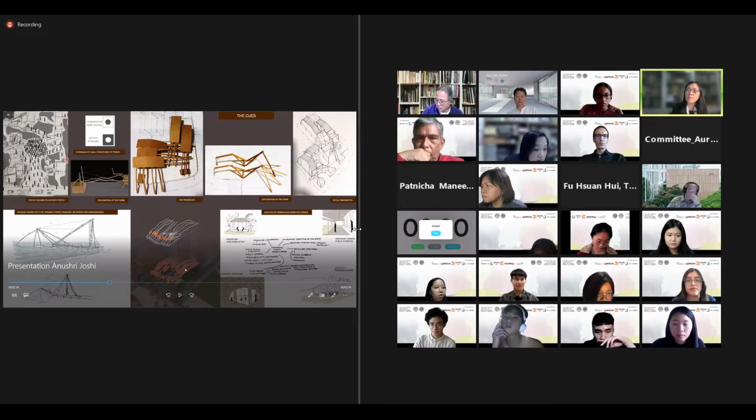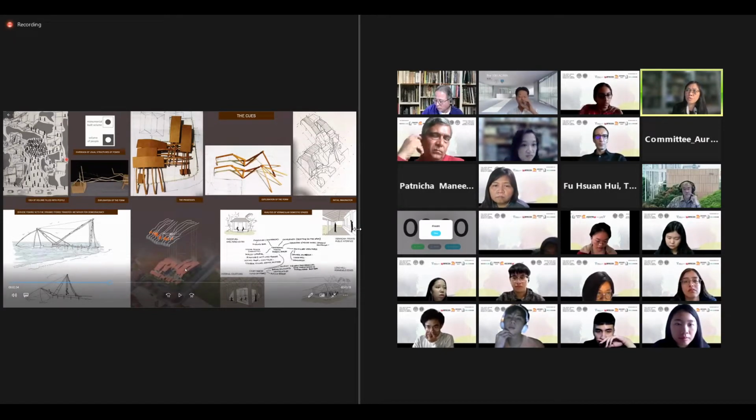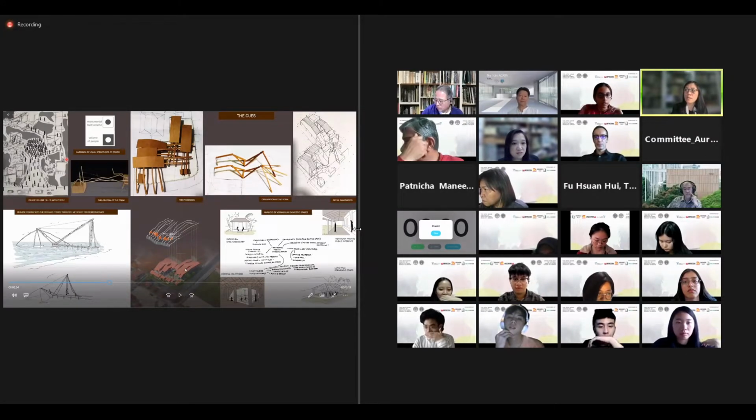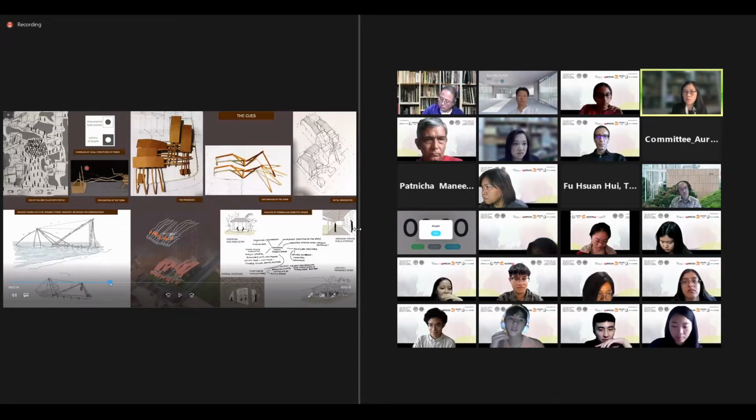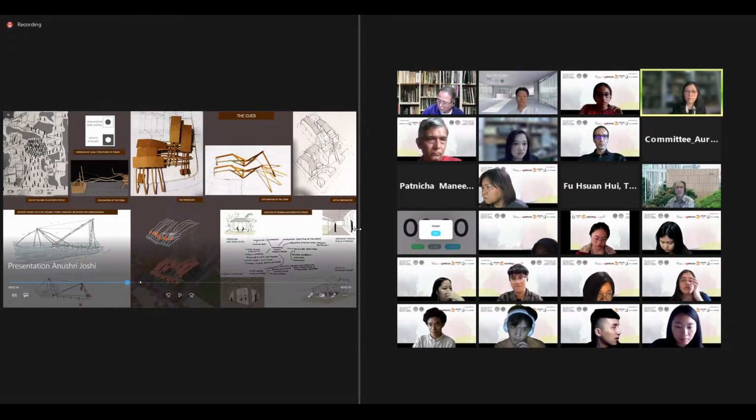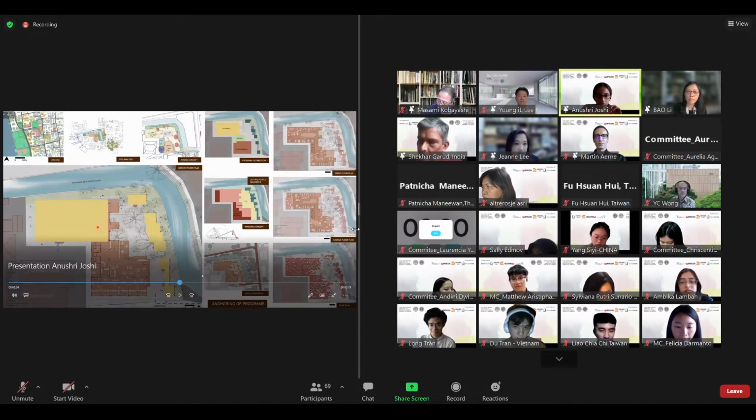Because between your quite huge sloped roof and the third slab, there is still quite a high space. What happened there? Is it just a structural space, or is there some special intention? Wait, I'll go back to the sections.